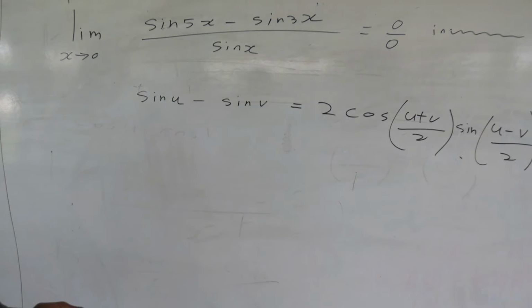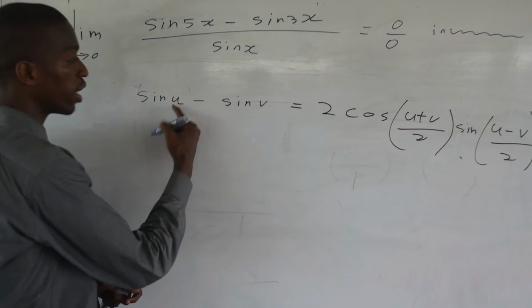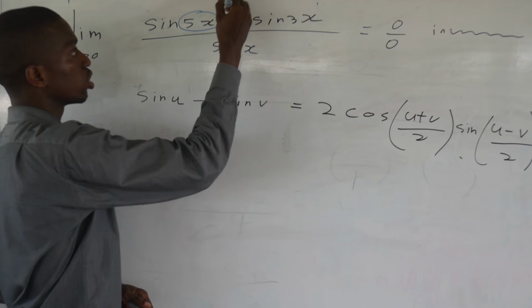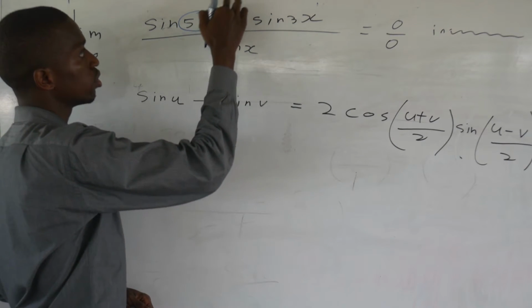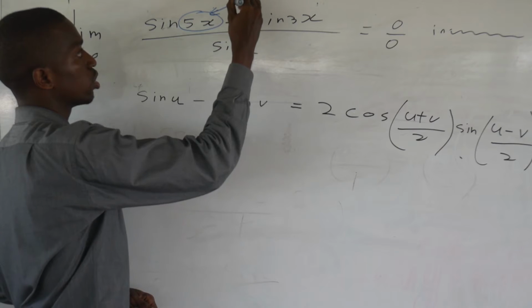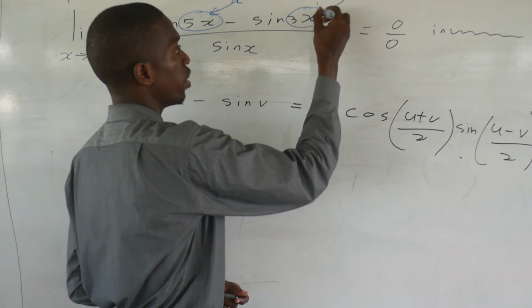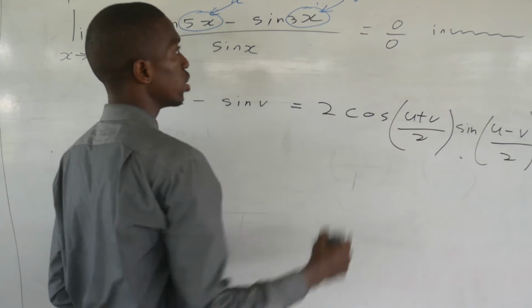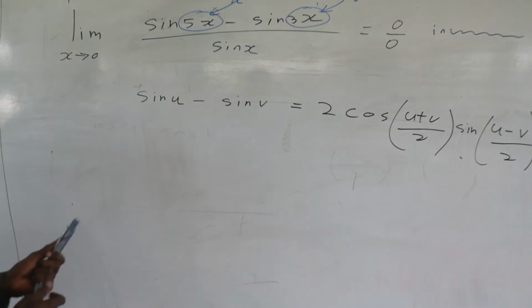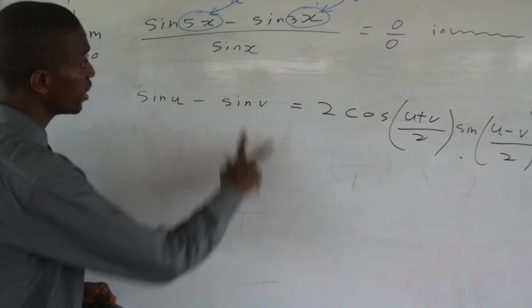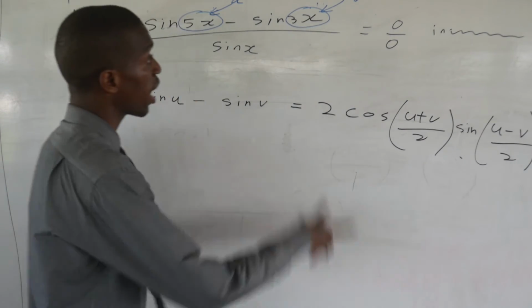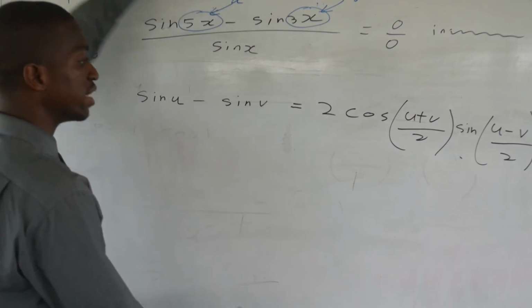Alright, so let's go. What is u? This is u, and this is v. Alright, so we're gonna rewrite this in that form, a sum to product identity.